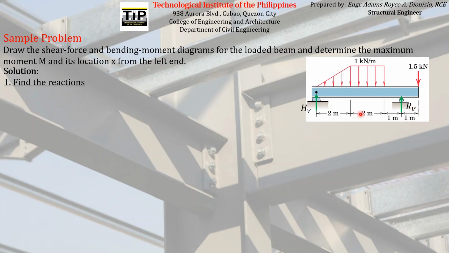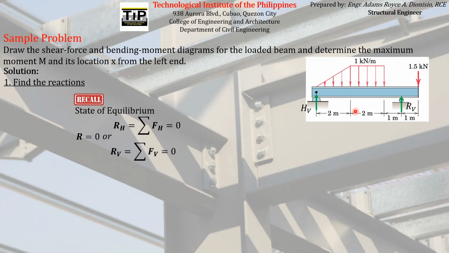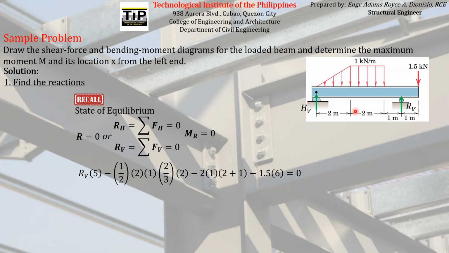So how can we solve the reactions? Very simple. We just apply statics. The equations of equilibrium: summation of forces horizontal, vertical, and moment must be equal to 0. So let's start with summation of moment. Let's find the summation of moment at point H, taking counterclockwise moments as positive.